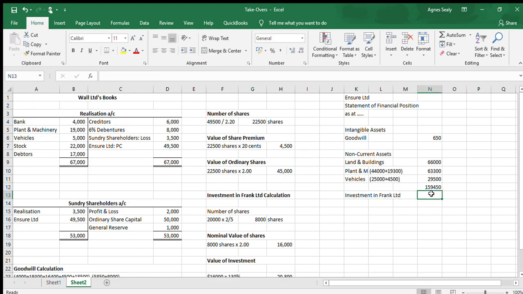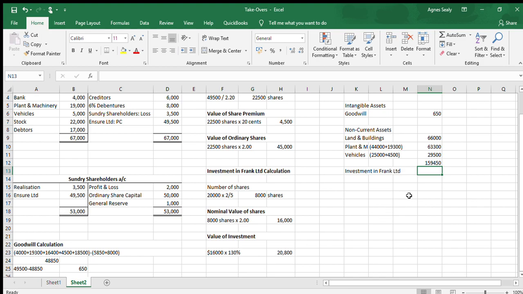That investment, we calculated earlier on, is $20,800. So we add the two of those figures together, $159,450 plus the 20. So our total assets here, which is our intangible plus our non-current plus our investment, is $180,250.